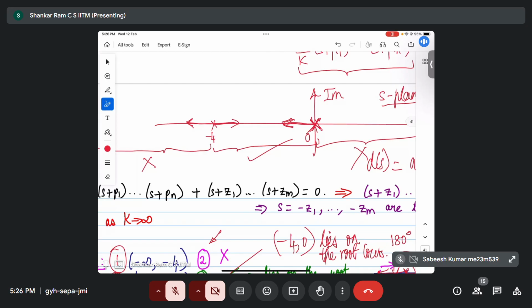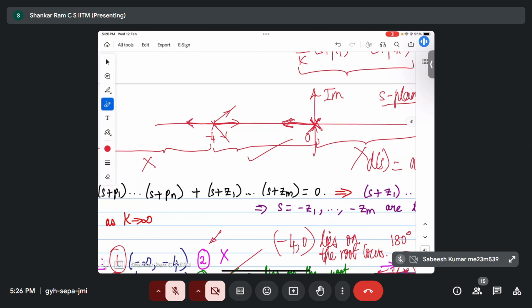So first, let's look at what happens if it goes along any direction in the imaginary axis. Let's say the branch starts arbitrarily in this direction. By the argument that we made about complex poles only appearing as conjugate pairs, this branch also must be a root locus.